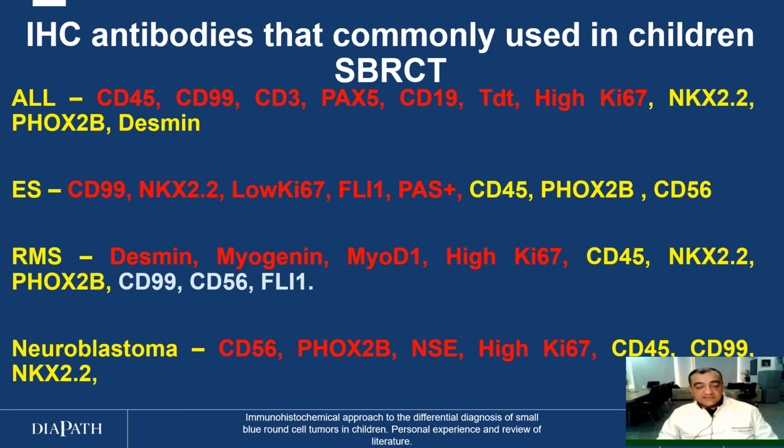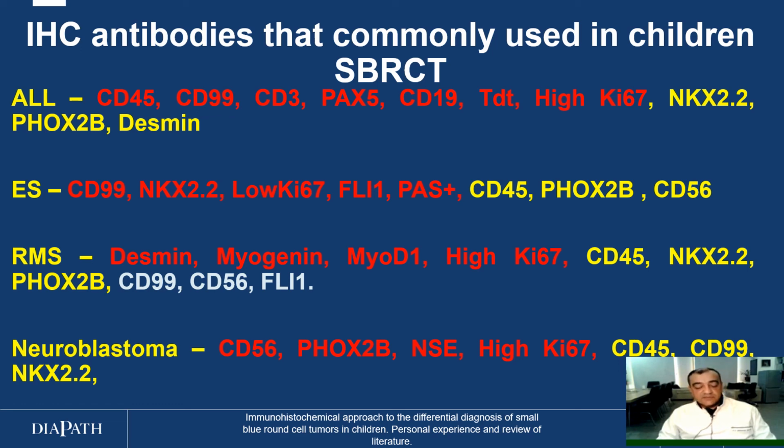CD99, CD56, and FLI1 can cause really very diagnostic difficulties in our routine work, but it must be remembered that solely based on positivity of these antibodies, it's not reliable for the differential diagnosis. As for neuroblastoma, you can see that the red color highlights PHOX2B only in this group.